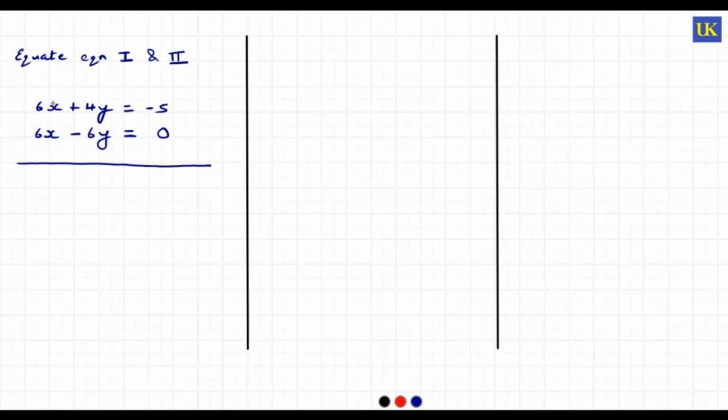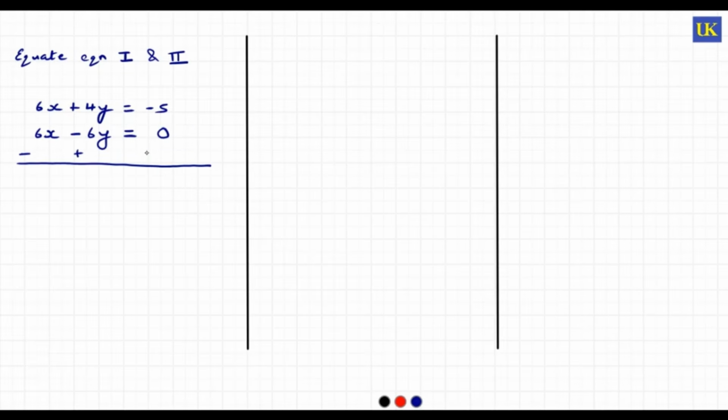Now we have positive signs in both the places for 6x, so we'll change the signs, and when we change the sign we have to change the sign for all the terms. So this is plus, this will become minus, this is minus, this will become plus. So we have to just put the opposite signs.